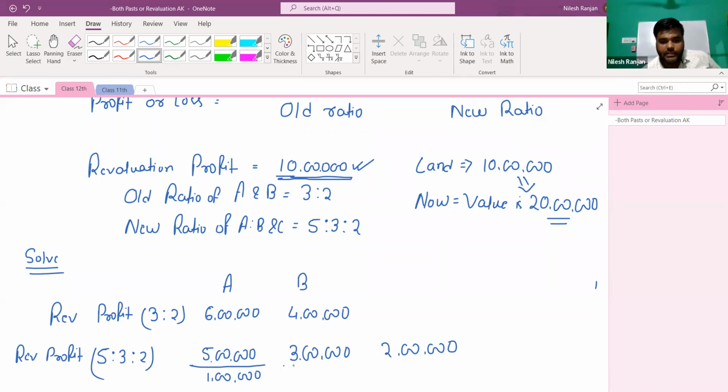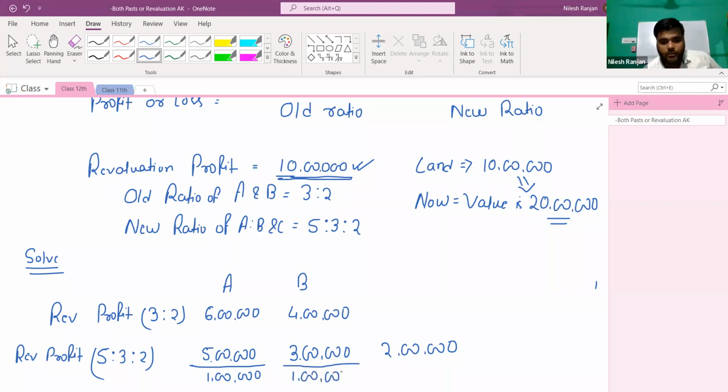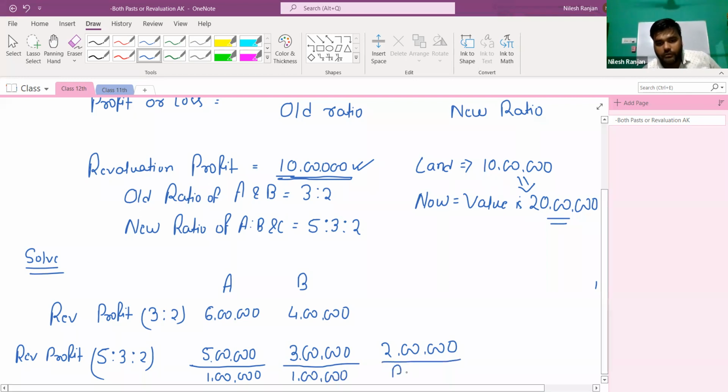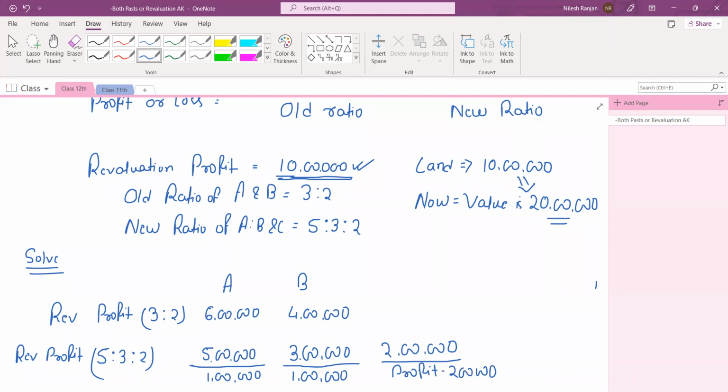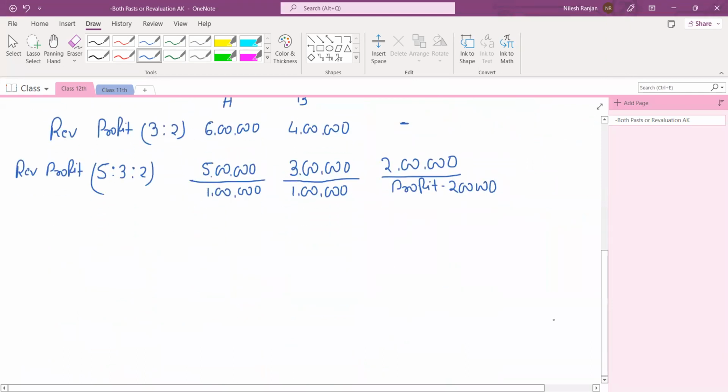B is also at a loss of 1 lakh, and C is in profit of 2 lakh, because C gets nothing if the profit is distributed in the old ratio, but in the new ratio he gets 2 lakh.